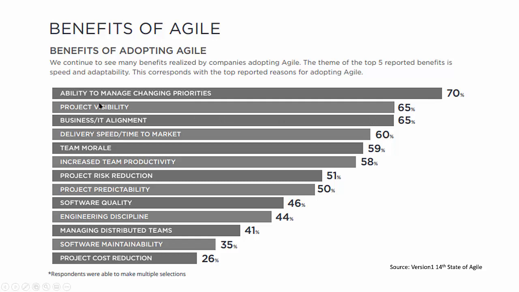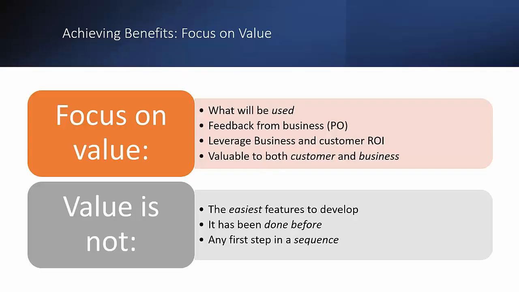The visibility of the project is considered very important. The alignment between business and IT is increasing very quickly. Your ability to deliver on time is also one of the top benefits. So there are quite a lot of important benefits that, if chosen in the right context, Agile is in effect able to deliver. And I want to look at a few key elements of benefits that are often delivered.